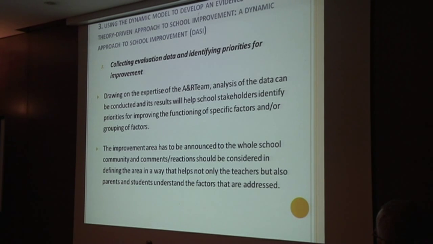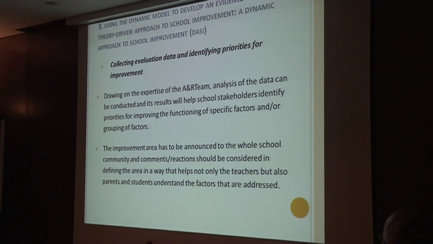And in this way, to identify your own strategy and action plan. But before doing that, you need to identify your improvement area. So step 3 is the collection of data and the identification of your improvement priority. Here, again, the AR team has an important role to play.